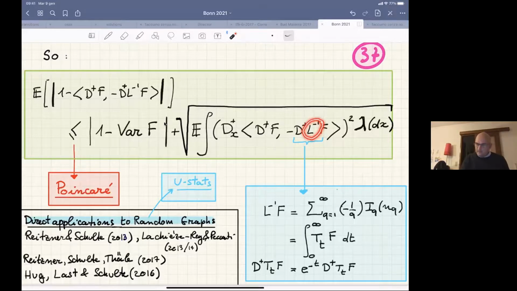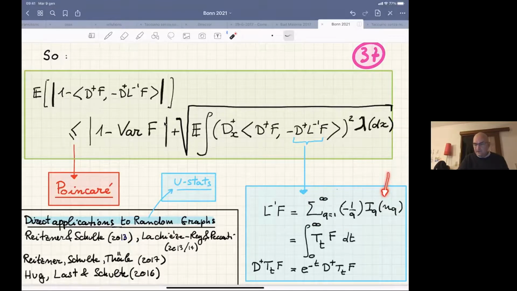So we know that this L minus 1 of f has a spectral representation. It can also be represented in terms of the Ornstein-Uhlenbeck semigroup, and therefore one can take advantage of the Mehler formula. But in principle, it's quite a task to deal with this, except in the case where we have explicit access to the chaos decomposition of a given random variable. So we know explicitly how these projections behave.